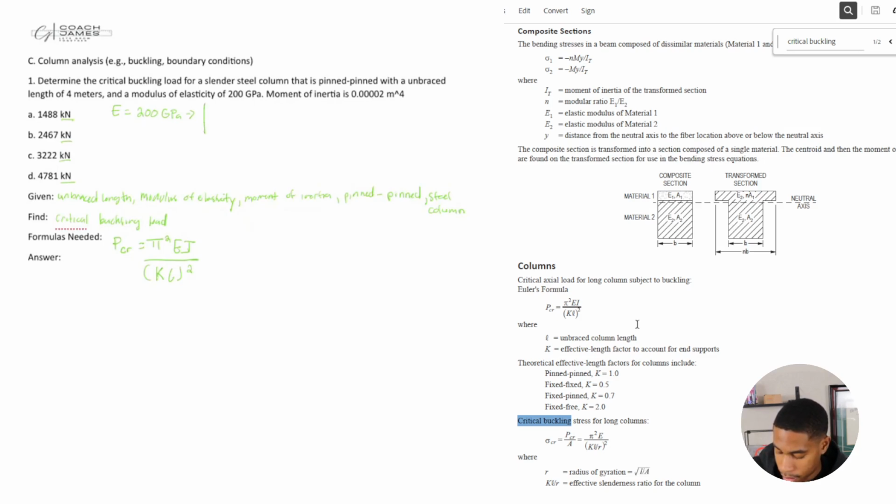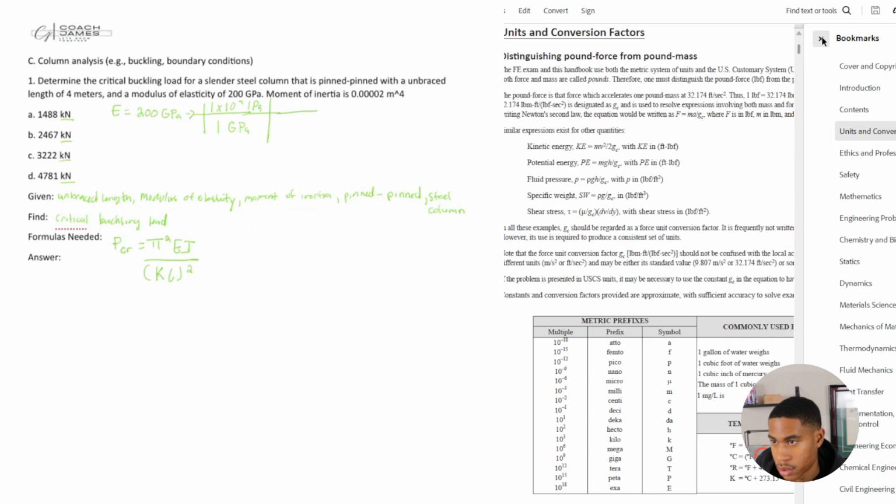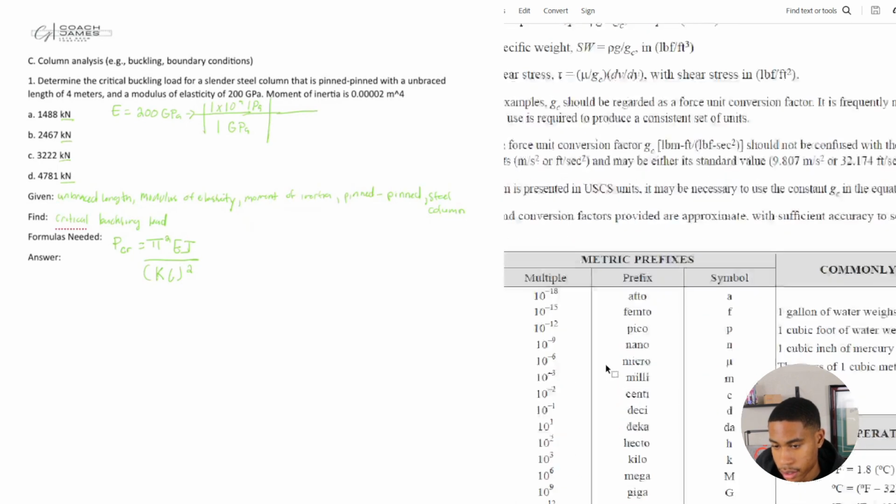So 200 gigapascals, I would multiply this by 1 times 10 to the 9th. And how did I know that a gigapascal is times 10 to the 9? Well, I would go to my unit conversions if you didn't know this, right? If you can remember, then you're good, right?